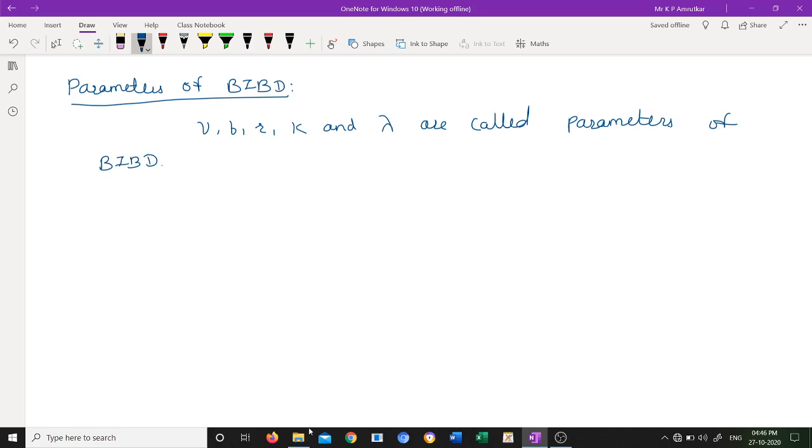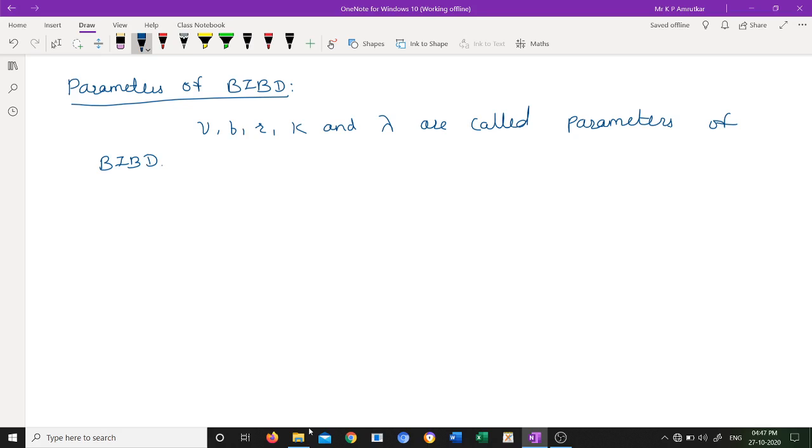V means number of treatments, B means number of blocks, R means number of times each treatment is replicated, K means block size, and lambda means number of blocks in which any pair of treatment combination occurs together. So these are the parameters of BIBD.